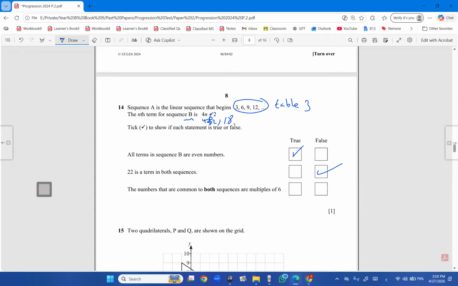Then you got 6, and then you got 18. After that, you're going to find also something else that is common, which is 30. Then something else that is common, which is 42, and so on. So yes, only multiples of 6 are common.